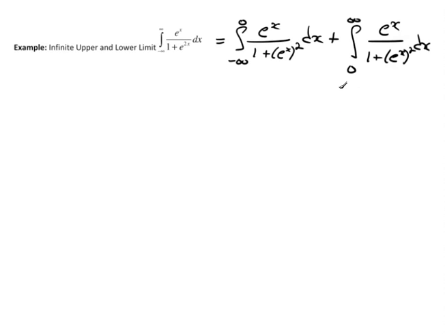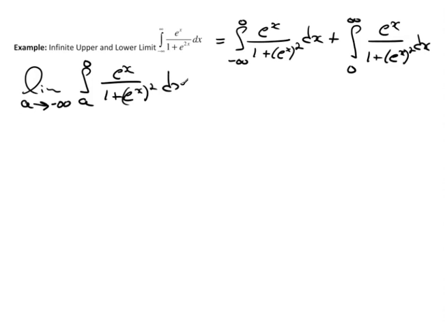So now, to actually evaluate this integral, I need to take two limits. So I need to take a look at the limit as a approaches negative infinity of the integral from a to 0 of e to the x over 1 plus e to the x squared dx.